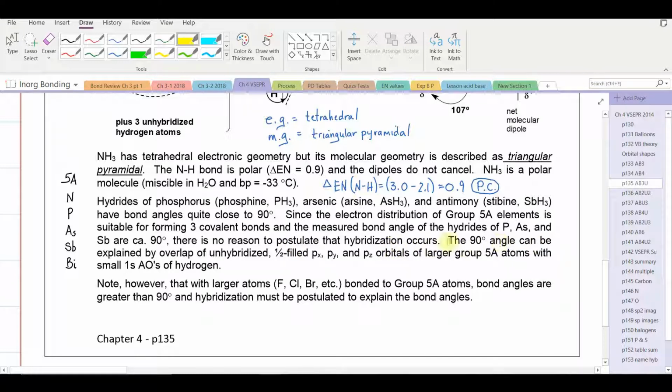The 90-degree bond angles can be explained better by the overlap of unhybridized, half-filled p orbitals of the larger group 5A atoms with small 1s atomic orbitals of hydrogen, as we talked about earlier.